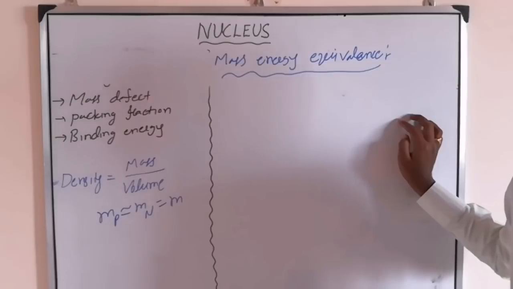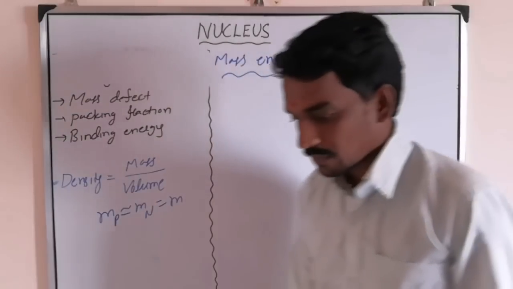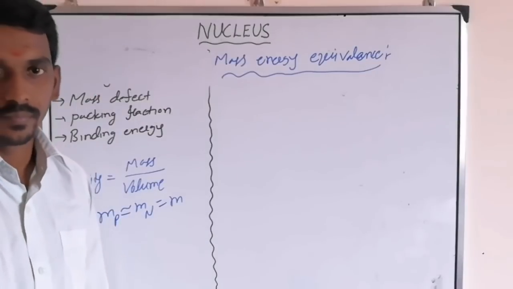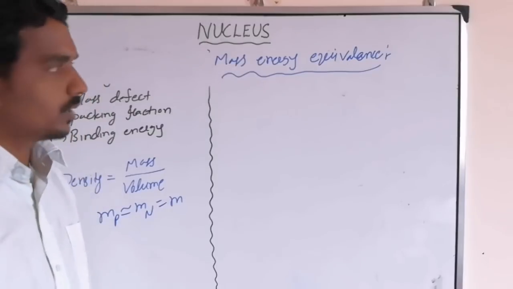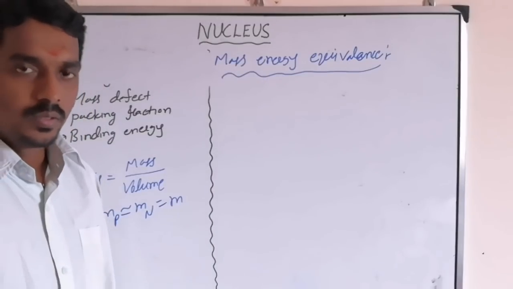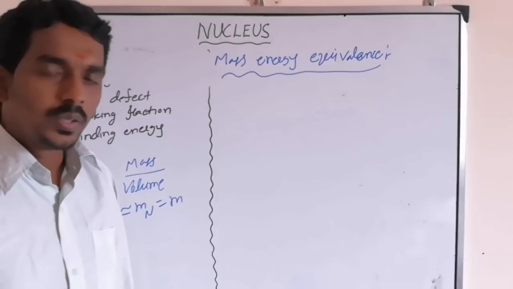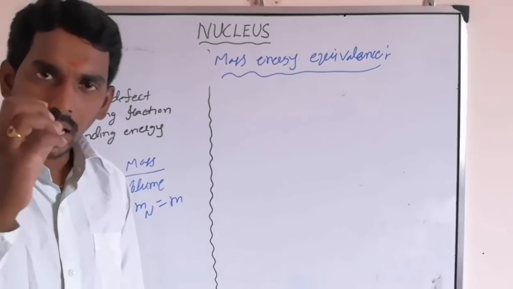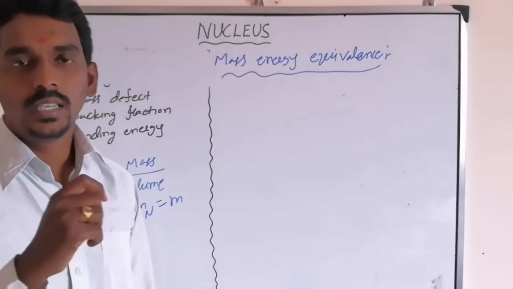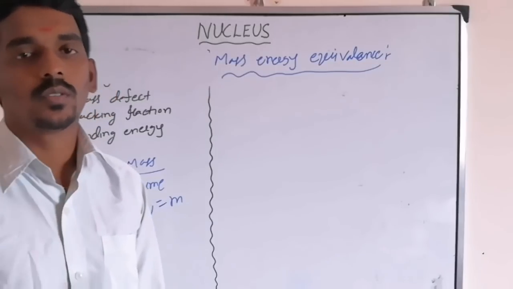Who has given this? The greatest of all time, Einstein. Einstein gave this mass-energy equivalence relation. What he concluded is that every amount of mass is equivalent to some amount of energy.